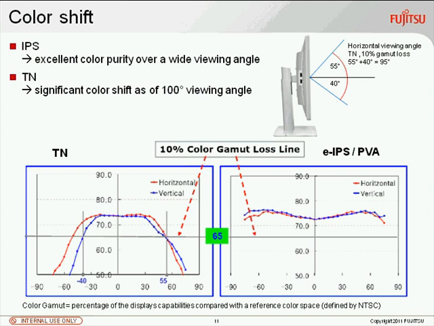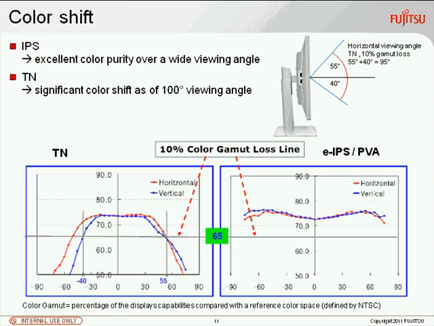Gamut is a kind of measurement of the capabilities of a display to show colors. A Trinitron TV set years ago was defined as 100%, and related to this CRT-type Trinitron TV set, most of the TN panels are able to display 75% of colors. This is a standard today.